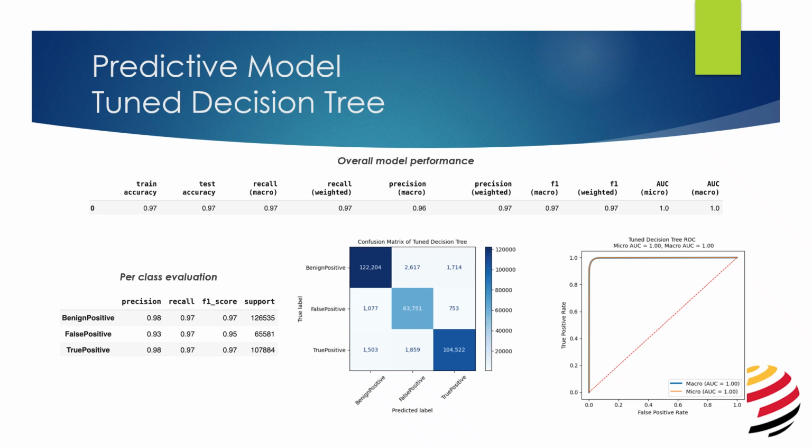This tells us that despite flawless ranking of instances, the tuned tree's thresholded decisions are marginally less accurate than the default model's. The tuned model's reduced performance compared to the default version stems from the small subset of hyperparameter combinations evaluated during the tuning process.